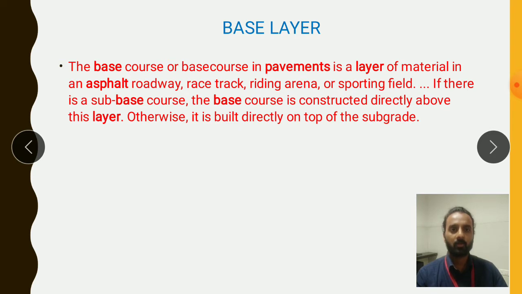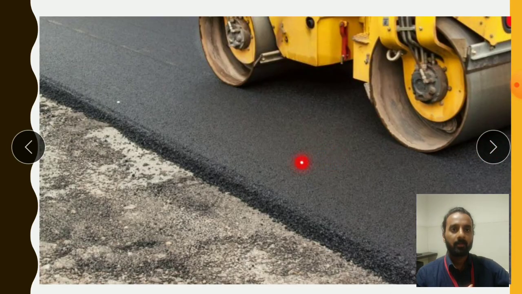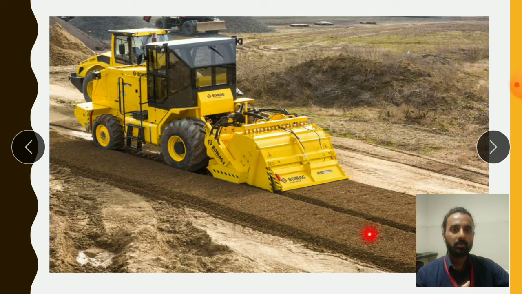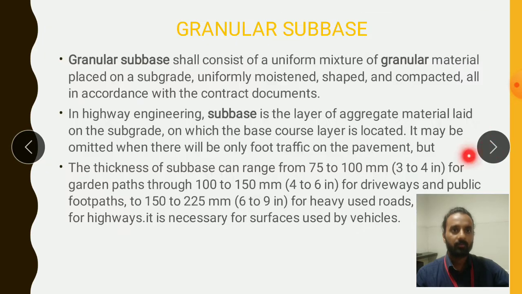If there is a sub-base course, the base course is constructed directly above this layer, otherwise it is built directly on top of the subgrade. This photo example depicts the base and sub-base layer. So here they are going to construct the base layer. This also is an example of a base layer which they are going to construct, which is the uppermost wearing course of the road, the uppermost part.